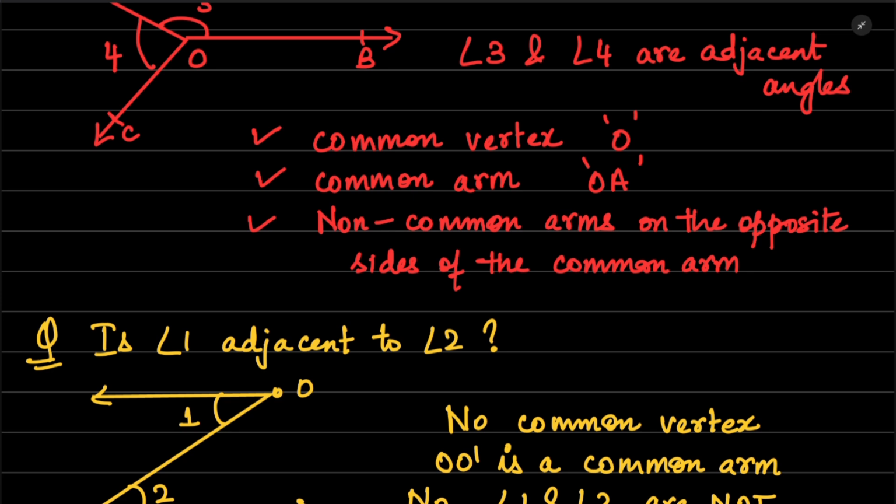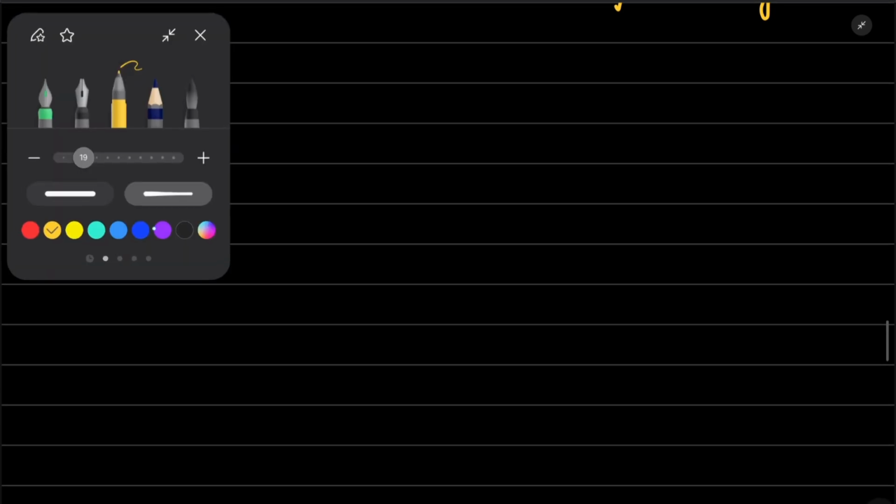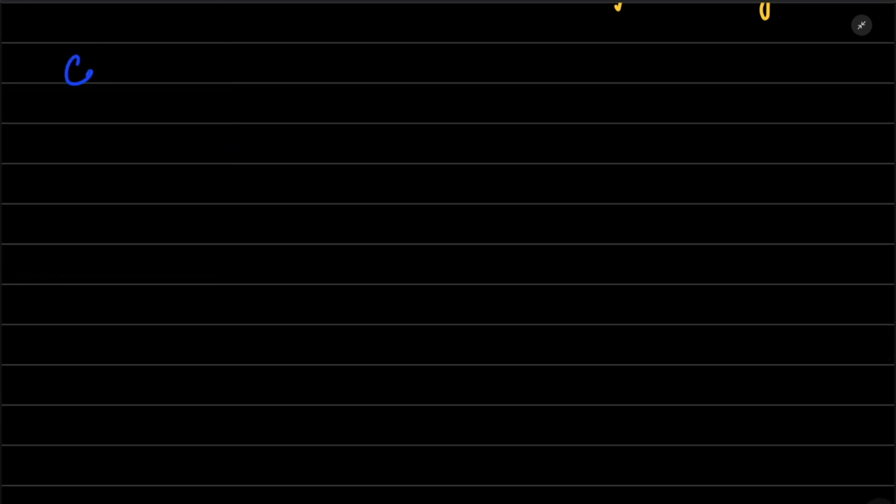Now the next topic is what are complementary angles. Very, very easy. And you can definitely expect a 1 mark question related to complementary angles, and the other one is supplementary angles.